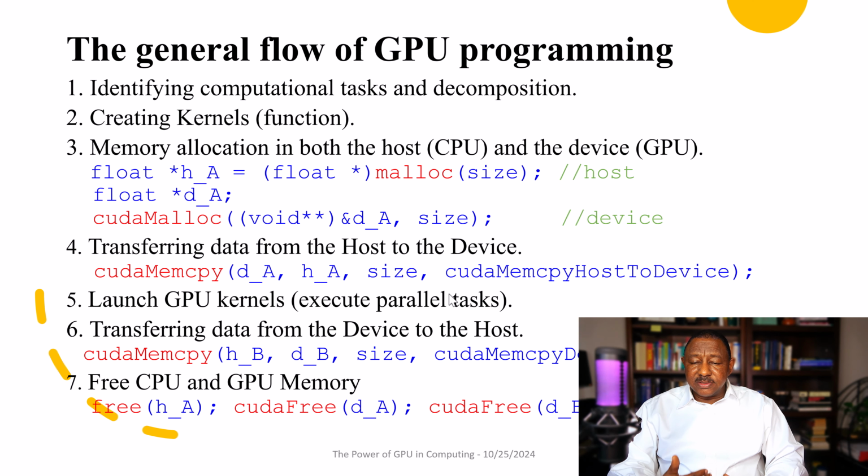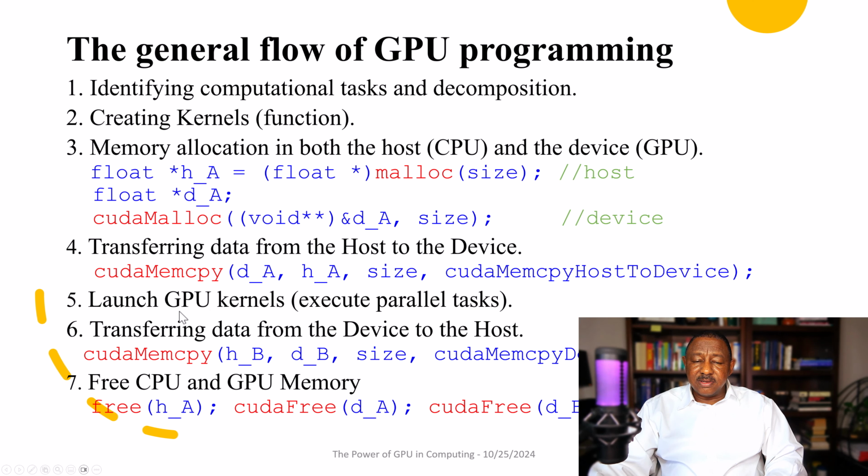And once we get the result, then we need to transfer the data back from GPU to CPU, and again we are using the same function that we used before, which is cudaMemcpy. The only difference is that we are using a different direction, because this direction tells us from device to the host.